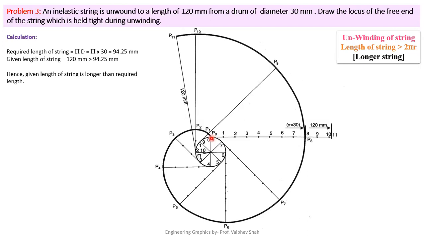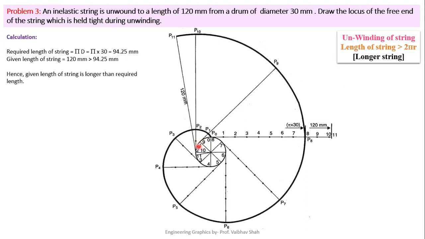If we try to unwind the string, then it will get unwound in the left hand side direction like this. So let us suppose this is point 1. We are unwinding the string of portion 0 to 1 in the anti-clockwise direction. So first the string would get unwound around this point 1.